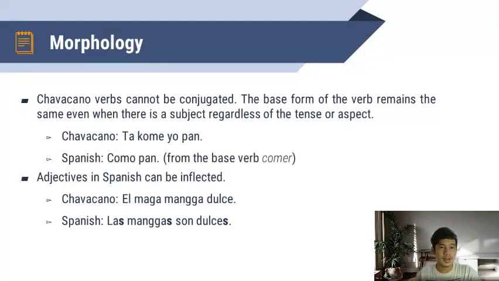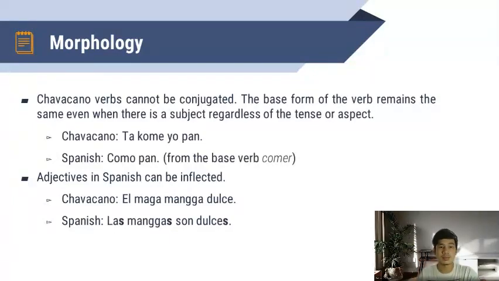Another is that adjectives in Spanish can be inflected. Okay, so in Chavacano we say "el magamanga dulce," which means that the mangoes are sweet. In Spanish, it is said as "las mangas son dulces."